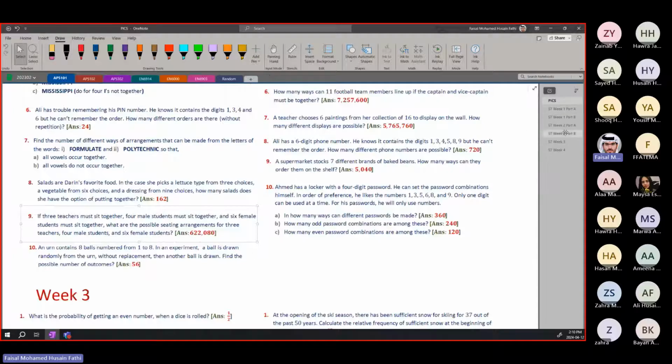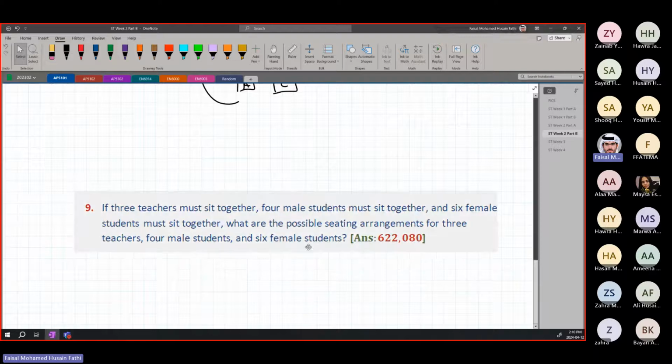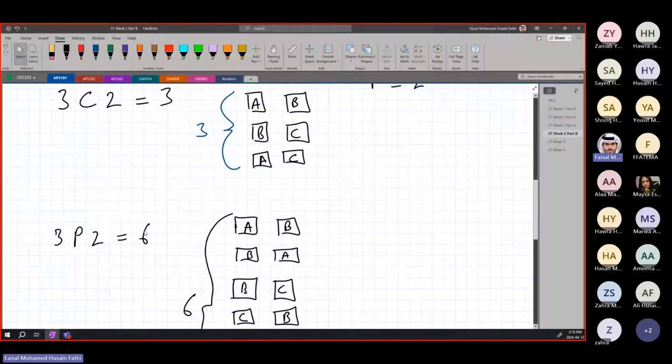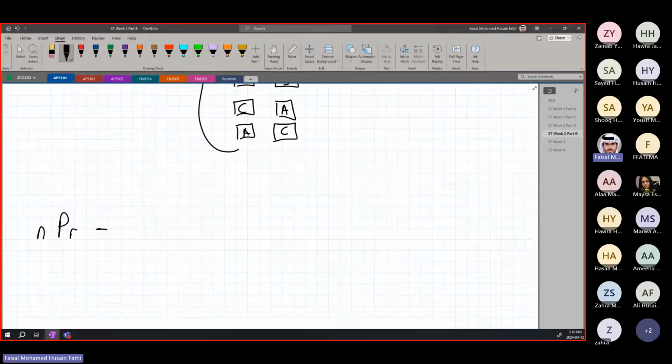Before solving this question, I just want to add one more extra point. What do P and C mean? Yes, we type it in the calculator, we can get the number. nPr is equal to, the formula for this is n factorial over n minus r factorial.